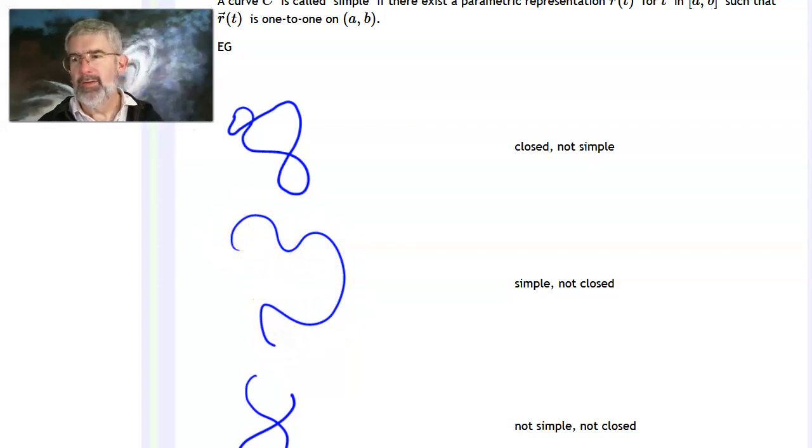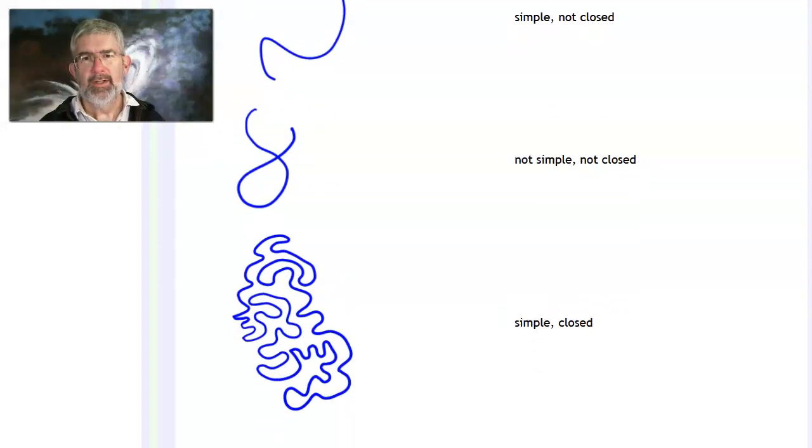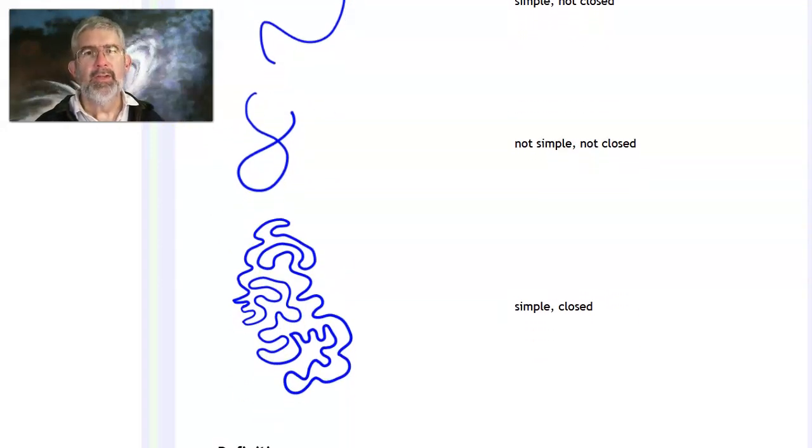Right? Here's a couple more curves. This next curve is neither simple nor closed, right? It's not closed because it starts and ends in a different place, and it crosses over itself somewhere in the middle. It's not simple or closed. This one down here, this lovely thing, is both simple and closed.